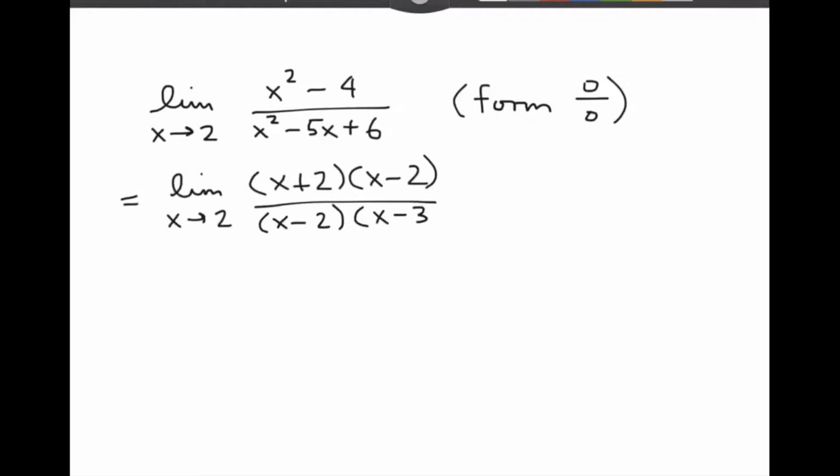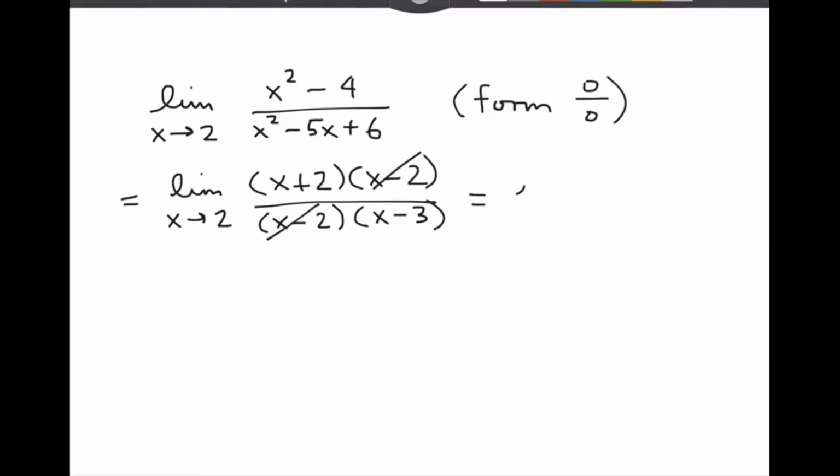And now, in the definition of limit, it specifies that the value of a limit has nothing to do with the value of the expression at, in this case, x equals 2. So you have to be careful when you do this kind of thing, because technically that's only true if x does not equal 2. And since we're looking at the limit as x approaches 2, we know that x does not equal 2.